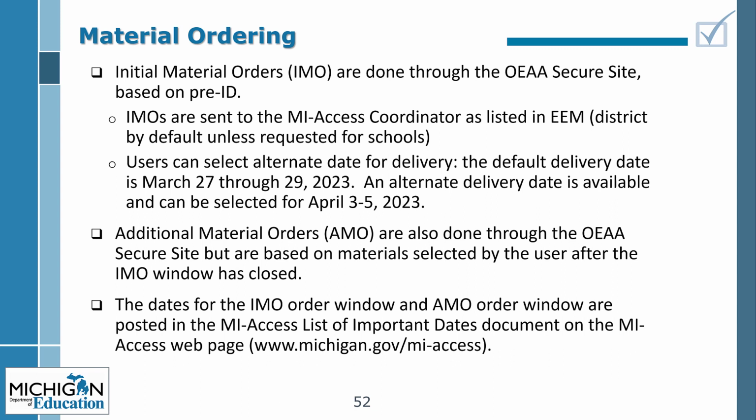Additional material orders are also processed through the Secure Site, but are based on materials selected by the user after the initial window has closed. The dates for the ordering windows are listed on the My Access Important Dates document found on the My Access webpage. While these dates may have passed for this year, they typically fall within the range of similar dates year to year. Please review the list of important dates on the webpage to confirm.